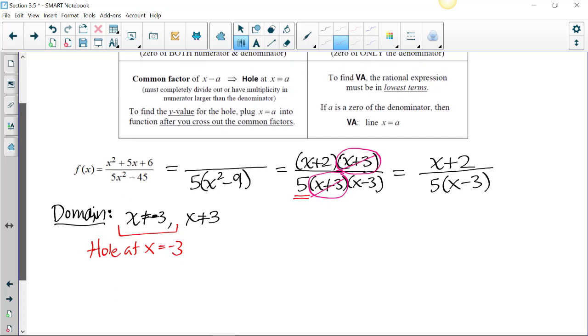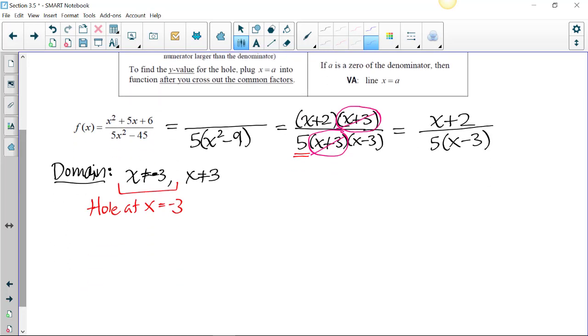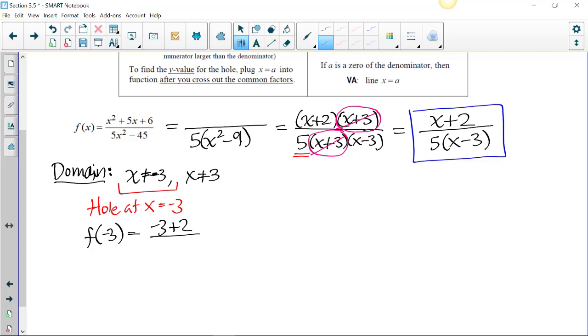Okay. If I want to find the y-coordinate of that point, then I have to use my simplified function. So from now on, you're going to use your simplified rational expression function in lowest terms to do everything. So if I want to find the y-coordinate, then I plug negative 3 into that new expression after I've divided out the common factor.